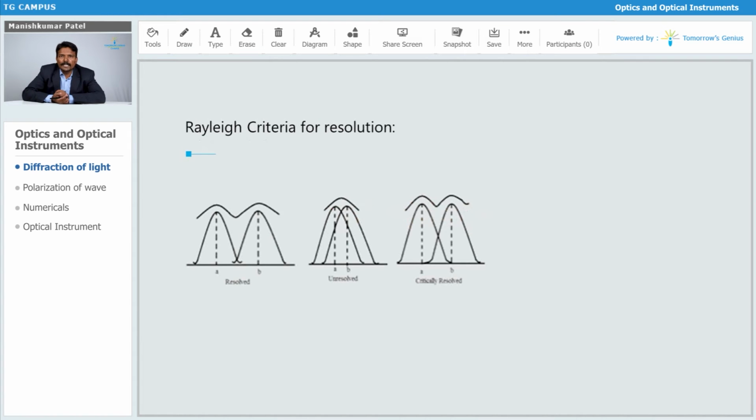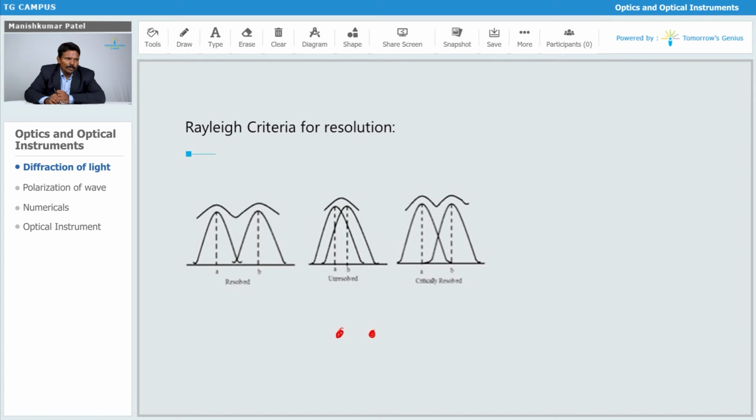Again, what is Rayleigh's criterion for resolution? When two point objects are well separated or just resolved, what is the condition for that resolution? When you observe two point objects through an aperture, like a lens, each of them is going to produce its own diffraction pattern.